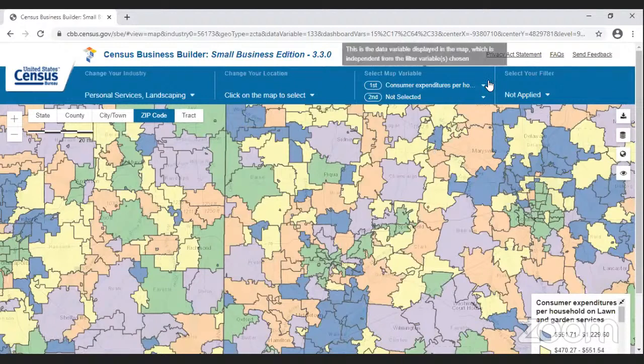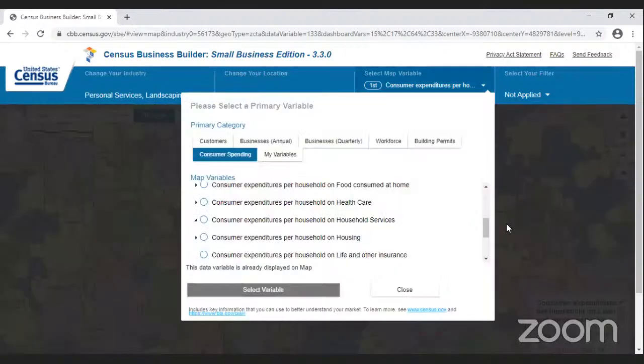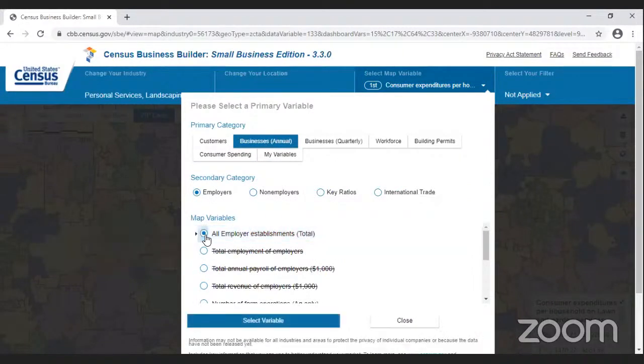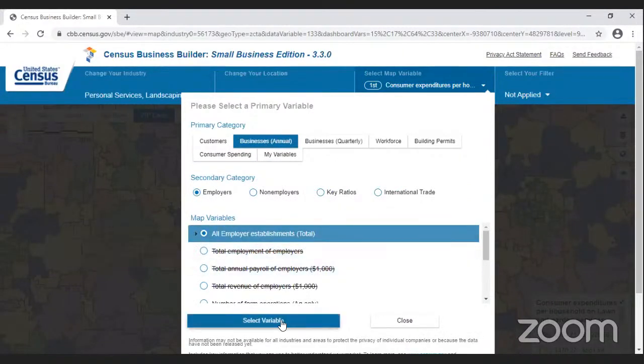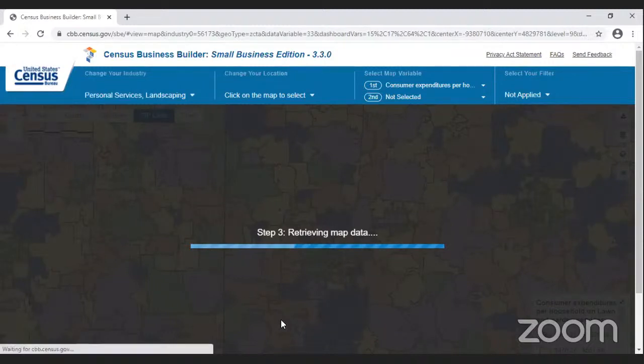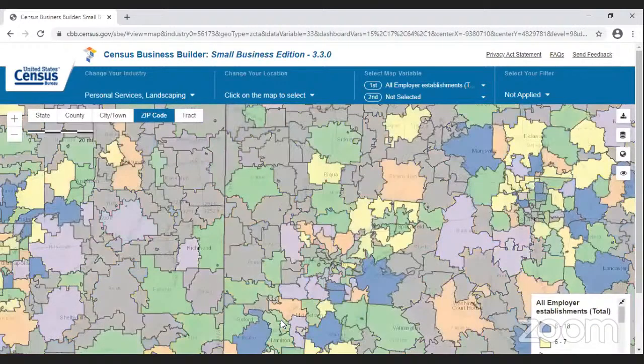So let me change the map variable. I'm going to choose my map variable as all employer establishments, because I want to see the landscaping businesses per zip code. Now, here is the landscaping businesses per zip code.